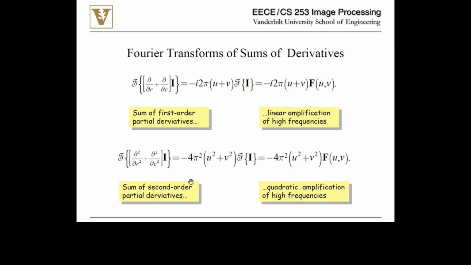So for instance, let's say that I want to compute the Laplacian of an image. You do the Fourier transform of the first term. The Fourier transform is 4 pi squared, u is the frequency in that direction squared, then the Fourier transform of the image, and then the same for the other direction.